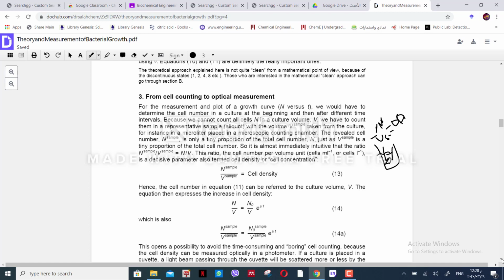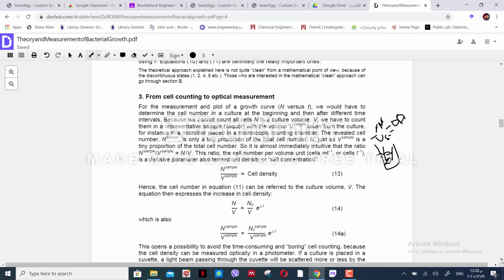So we have to count cells in a representative sample, a liquid with the volume v sample taken from the culture. For instance, a microliter placed in a microscopic counting chamber, the revealed cell number n sample is only a tiny proportion of the total cell number n, just as v sample is a tiny proportion of the total volume.